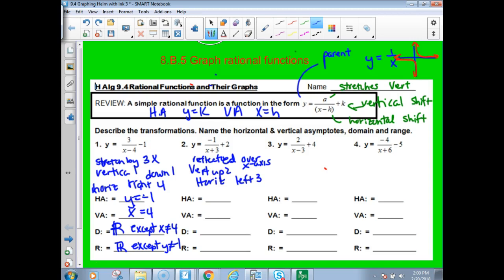So the horizontal asymptote would be y equals 2, the vertical asymptote x equals -3. Okay, the domain, all reals, except x can't equal -3, and the range, all reals, except y can't equal 2.